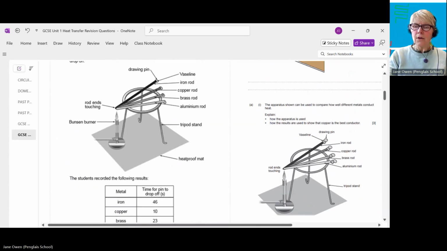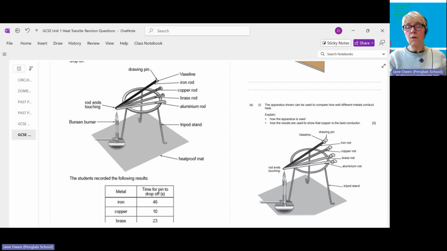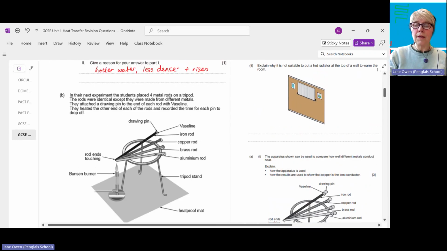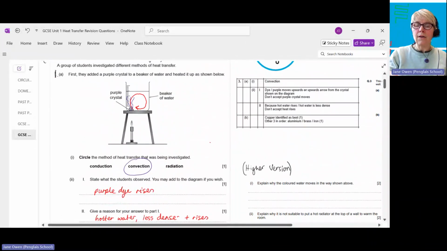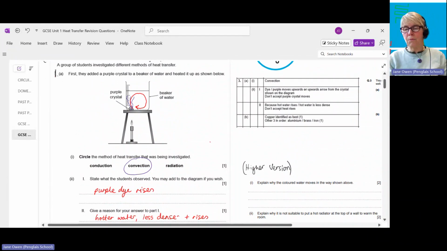You might have seen these experiments on a video, or you might have actually done them, but they will be asking about experimental technique. How can we make the experiment better?